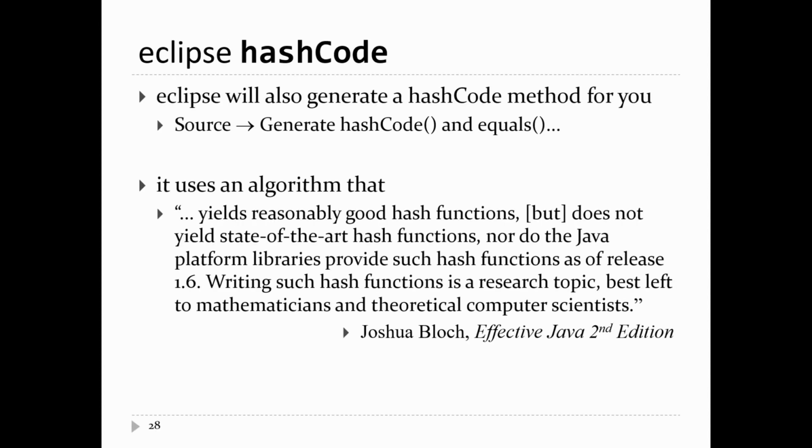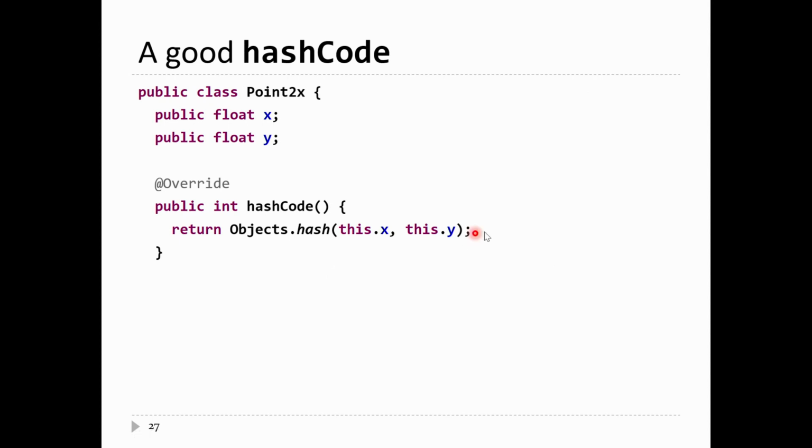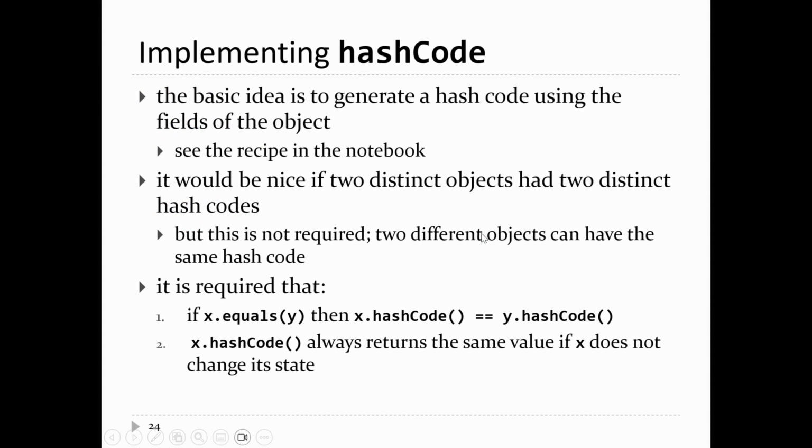Okay, there's something you have to be careful about here. Let's go back a few slides and look carefully at requirement number 1. If x equals y is true, then the hash code for x must be equal to the hash code for y.